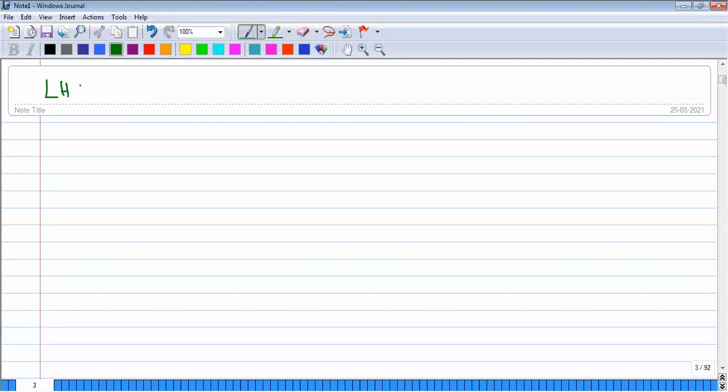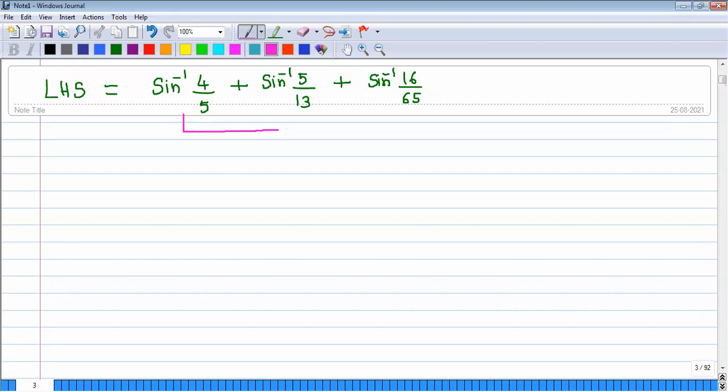Consider the left hand side. In the left hand side, what we have? Sin inverse 4 by 5 plus sin inverse 5 by 13 plus sin inverse 16 by 65. The sum of these two we can write as cos inverse 16 by 65 plus sin inverse 16 by 65.